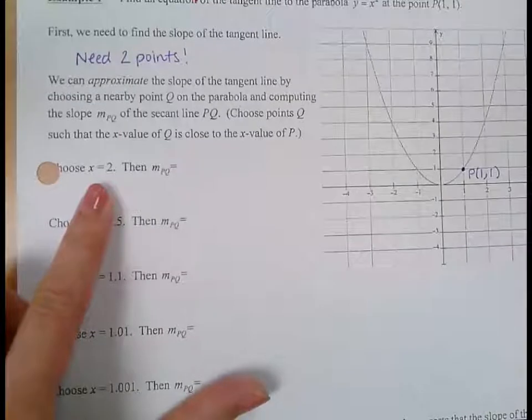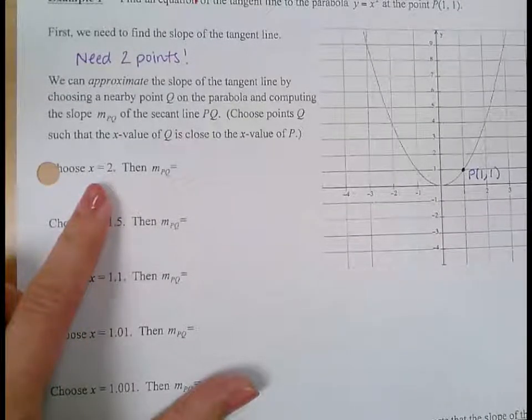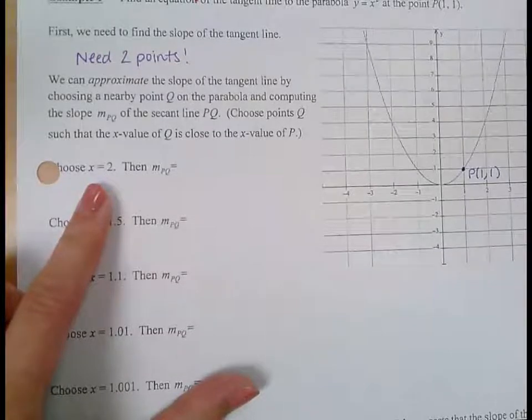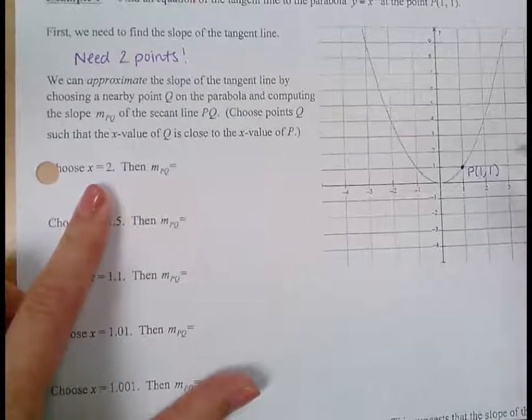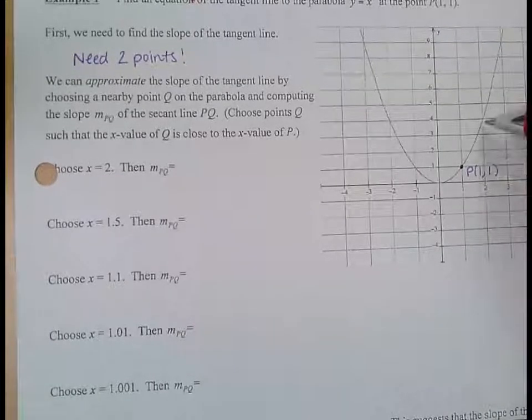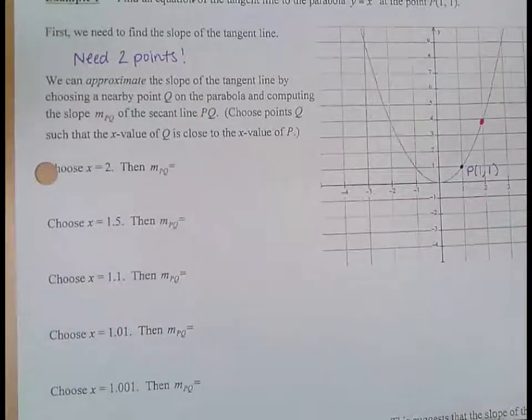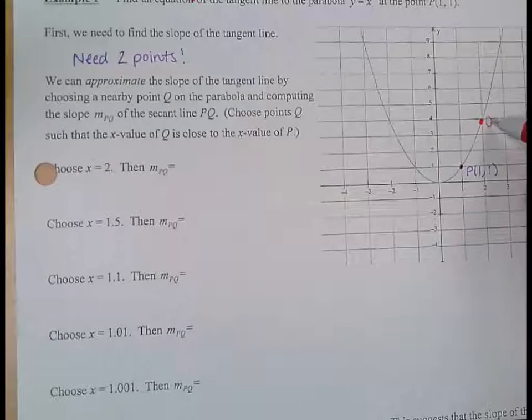So first I'm going to choose a point Q that's going to have an x coordinate of 2 because 2 is really close to 1. So on the parabola, if I go to where x is 2, this is where the point Q is that I would be talking about first. I'm just going to put Q1 there.